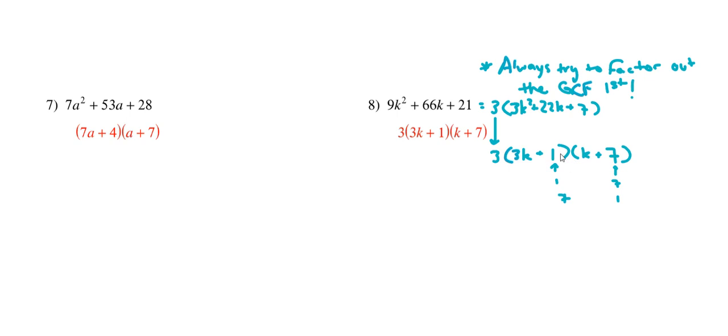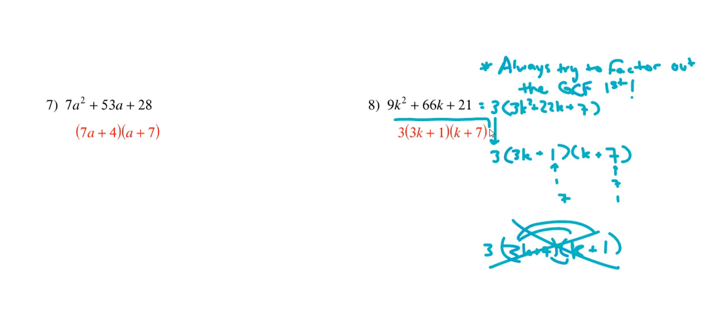If you try a 7 here and a 1 there, so 3k plus 7 times k plus 1, I'd get 3k squared there, but then I get 3k plus 7k, which is a 10k. It's not 22k, so that's why this combination is no good. So that's how you get that answer here.